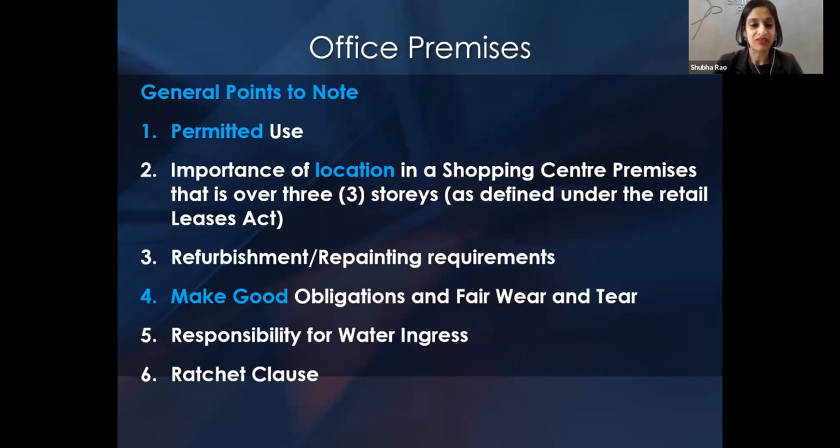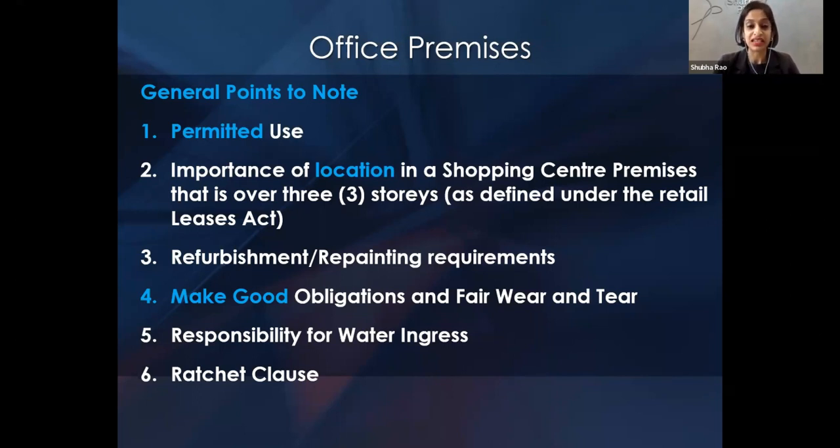One of the other ones that we've seen in terms of offices is refurbishment and repainting requirements. Generally with offices, you don't expect too much refurbishment that needs to occur at the expiry of the lease. We have had a client where the landlord was actually seeking repainting works for some scuff marks on the walls, and so on.